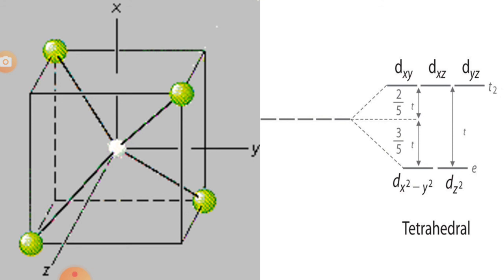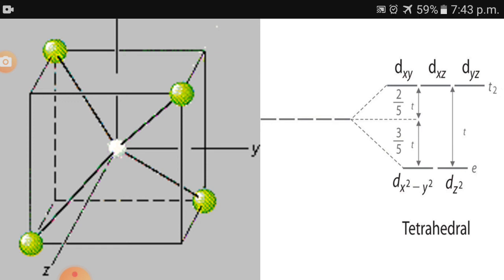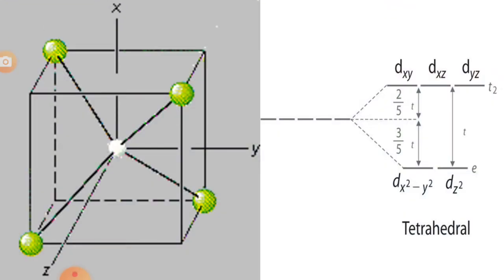There is a hypothetical approach of ligands to the central metal cation, and in the first stage the energy of the d orbital is increased due to repulsion between hypothetical spherical ligands. The ligands approach the central metal cation spherically. That concept is totally hypothetical.